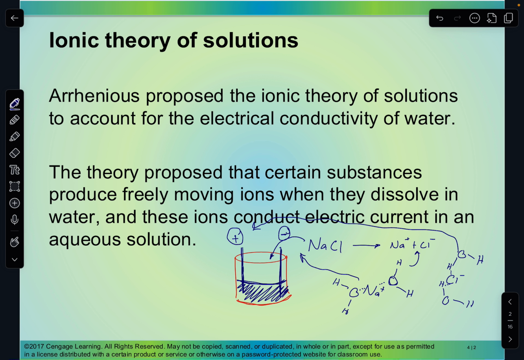And the transfer of these charges, the way that these are able to move around, is basically what is going to conduct electricity throughout the water. So water itself is actually not very conductive. But if you have salt in that water, something that is going to very easily move around its ions, then you can have some conductive fluids.